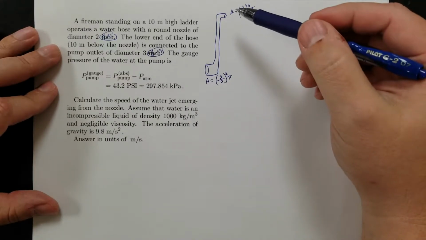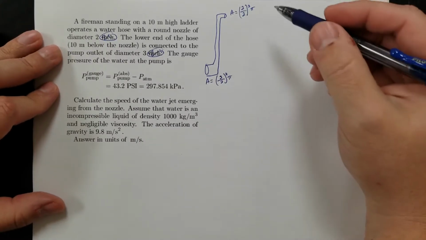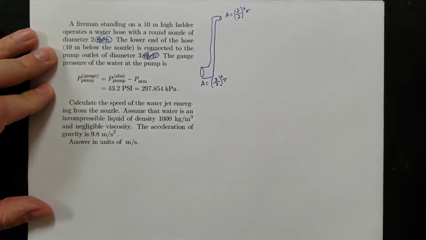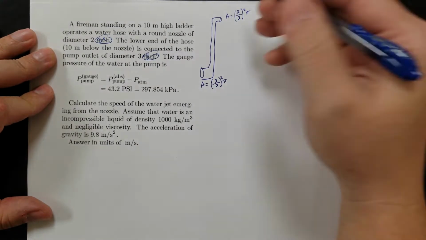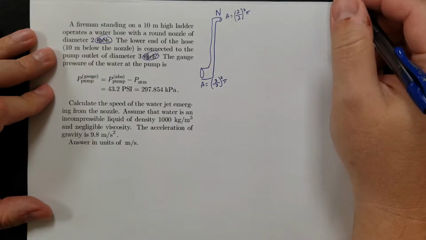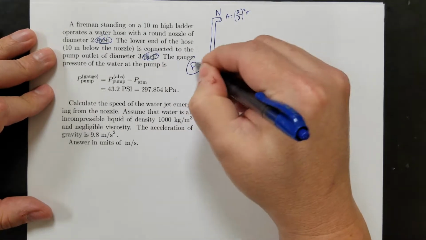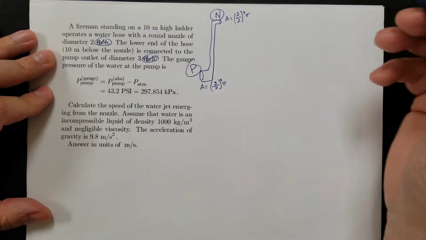So now I'm going to do Bernoulli's equation. Let's write it out. Here's the nozzle, so I'm going to call this the nozzle, and I'm going to call this one the pipe, so that we can keep this straight.